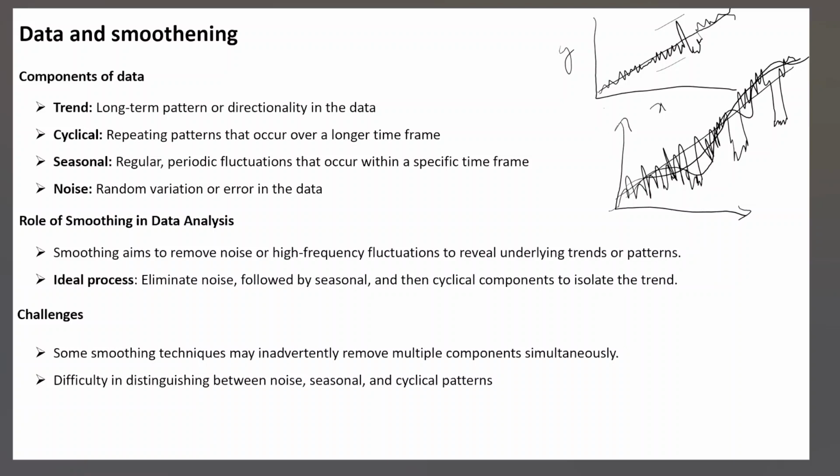The cyclical component means repeating patterns that occur over a time frame. For example, in my case, I have faced this with creep tests. A creep test is done over a strain-time plot.